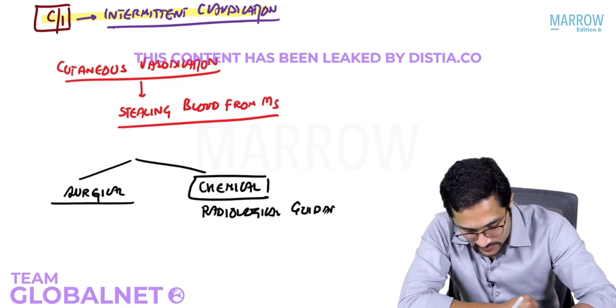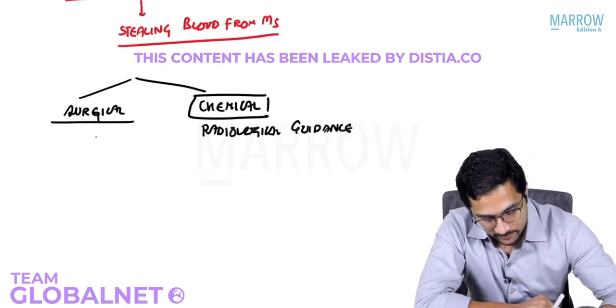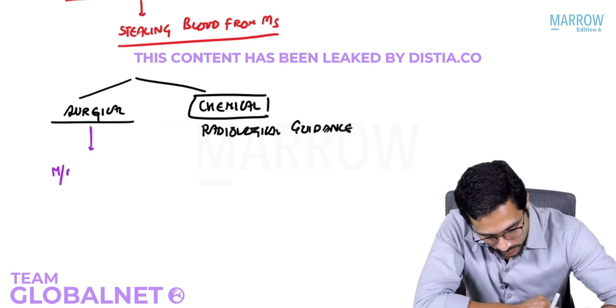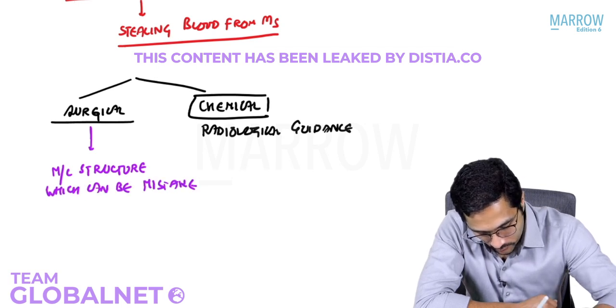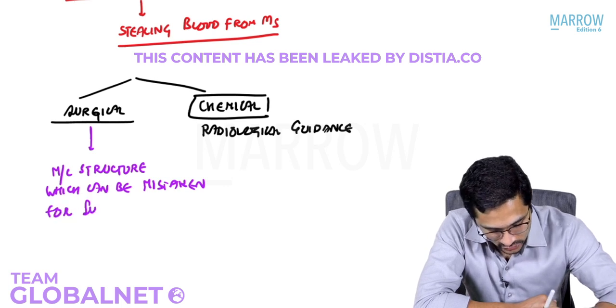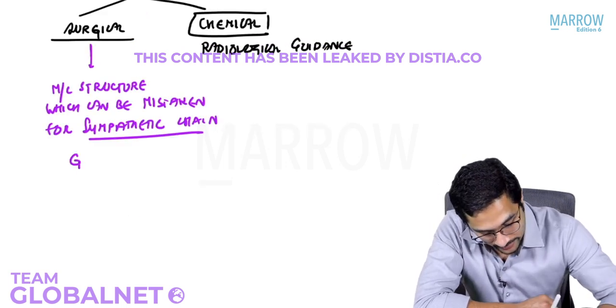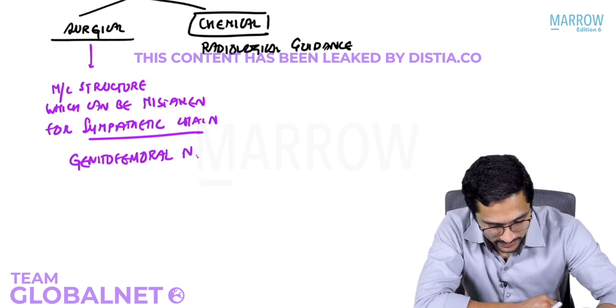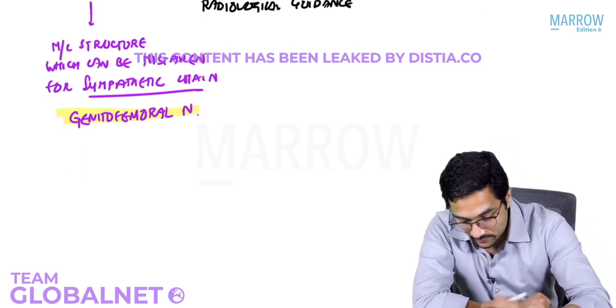When we are doing surgical sympathectomy, please remember that the most common structure which can be mistaken for the lumbar sympathetic chain is the genitofemoral nerve. And this question has been asked in the exam. So by mistake, if you cut the genitofemoral nerve, the patient's symptoms will not subside. The patient will keep on having the same symptoms.